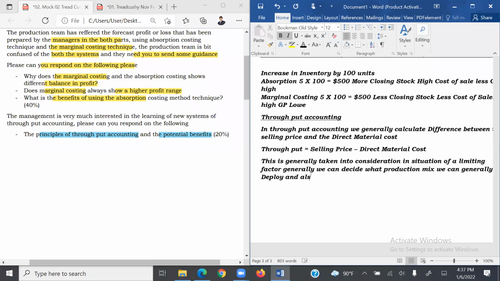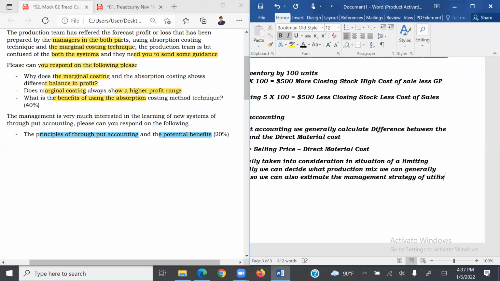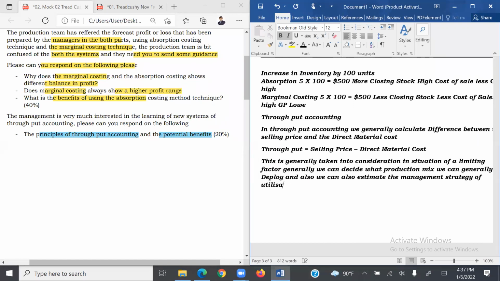And also we can estimate the management strategy of utilizing the resources in a more efficient manner.